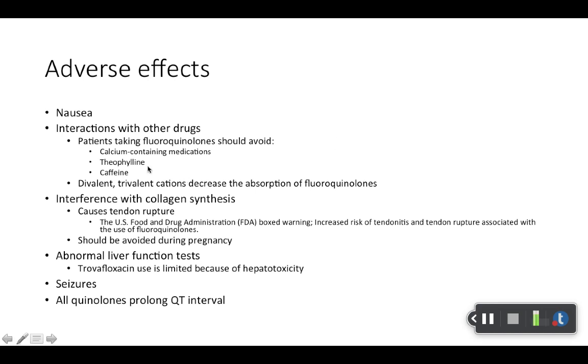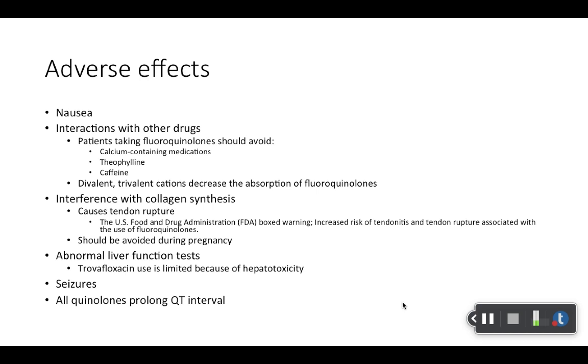So with interactions with other drugs, we talked already about the food interactions, so with calcium-containing medications and then also calcium-containing foods. It's something that can decrease the absorption of the fluoroquinolones. So if you are taking maybe some supplements, something with iron or whatever, or calcium supplements, and then food is also another one. With theophylline and caffeine, the fluoroquinolones actually increase the levels of caffeine and theophylline, and so that's why it's recommended to not use caffeine while you're taking fluoroquinolones.